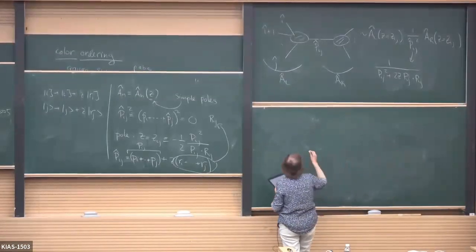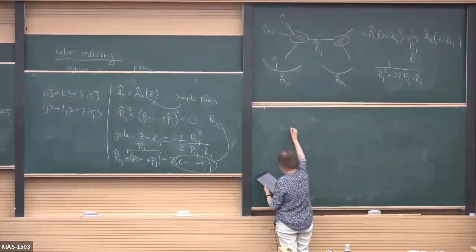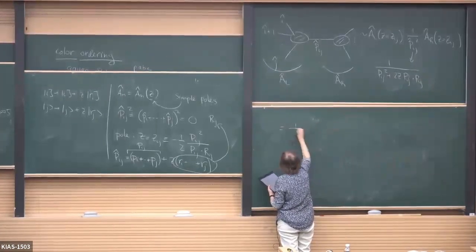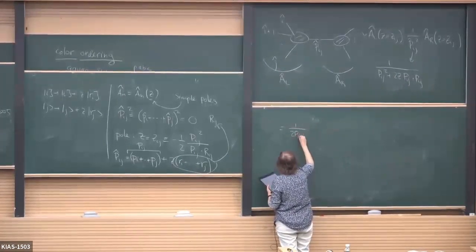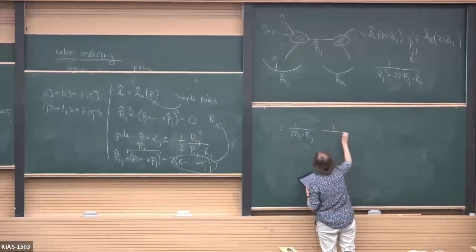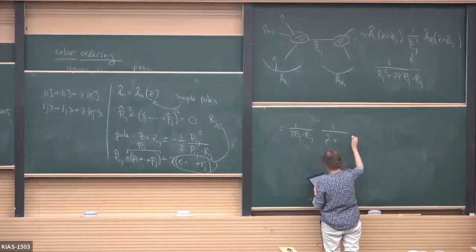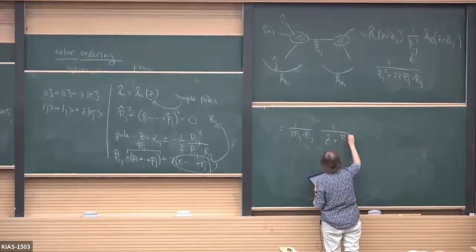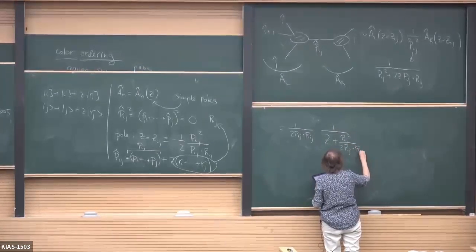So I can also write this propagator as 1 over 2 Pij dot Rij times 1 over z plus Pij squared divided by 2 Pij dot Rij.